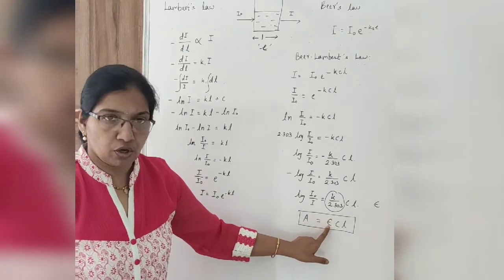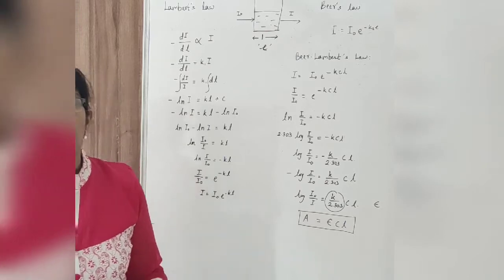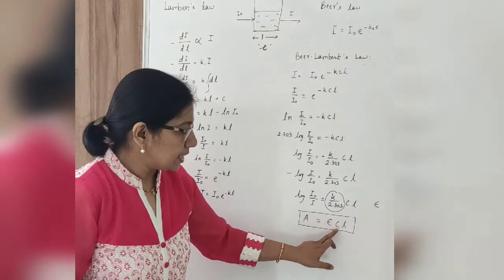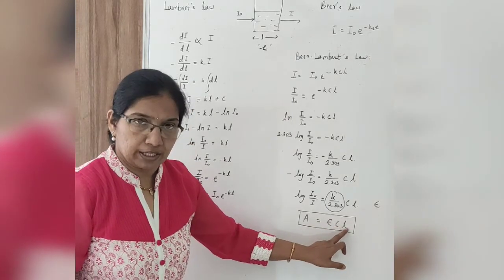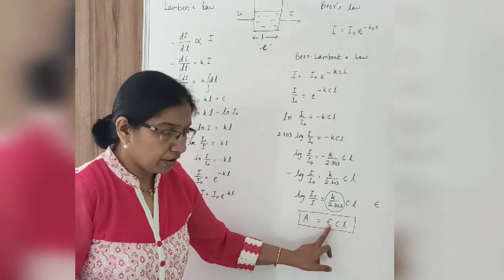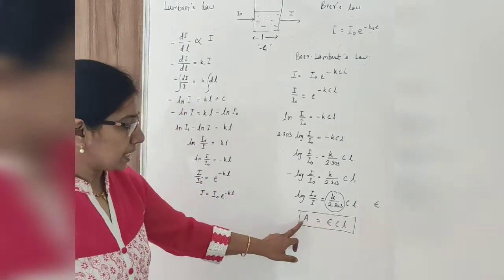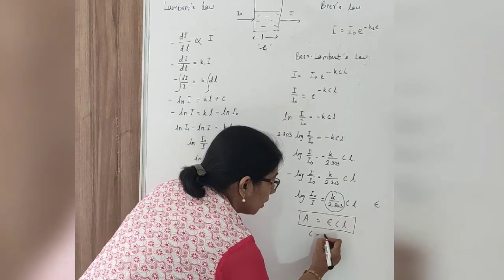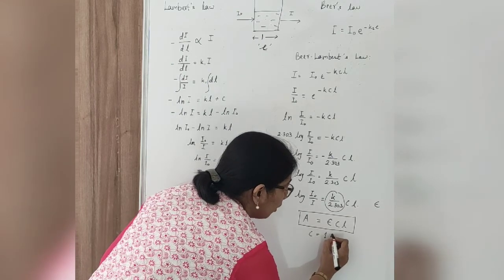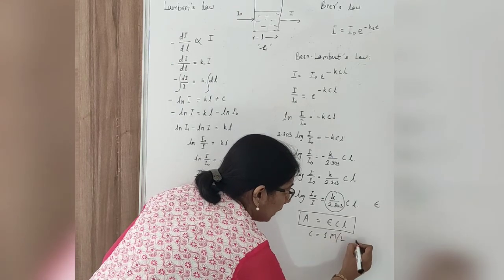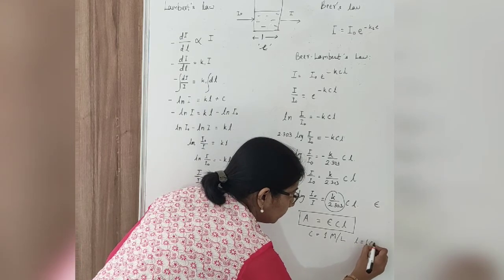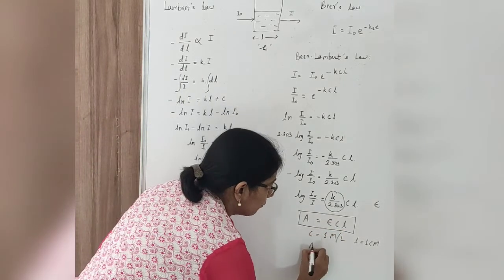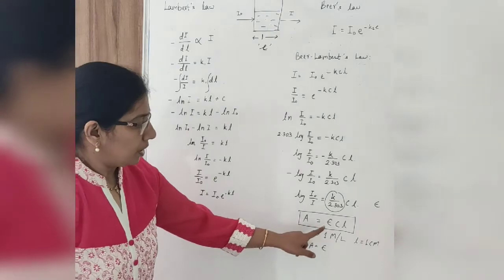Absorbance is equal to epsilon Cl. This epsilon is a constant called the extinction coefficient, C is the concentration, L is the path length. Now, how do we define this extinction coefficient? When concentration is 1 mole per liter and L is 1 centimeter, that means both are unity, A is equal to epsilon.